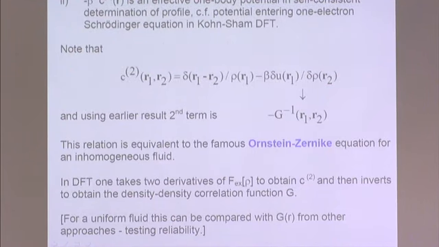If you take another derivative, and you remember what I showed you earlier, you find that this second derivative has a term which is just the inverse of the density-density correlation function. So if you look at the definition of the inverse, you find that c2 and g are related by the Ornstein-Zernike equation from 1914.